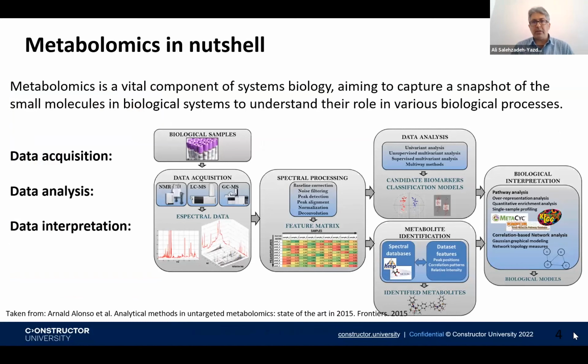We already heard a lot about metabolomics, and I suppose you agree with me that it's really hard to summarize all of metabolomics in a nutshell. But we know there are some standard pipelines for metabolomics data analysis, and I try to split this whole standard pipeline into three parts: data acquisition, data analysis, and data interpretation.